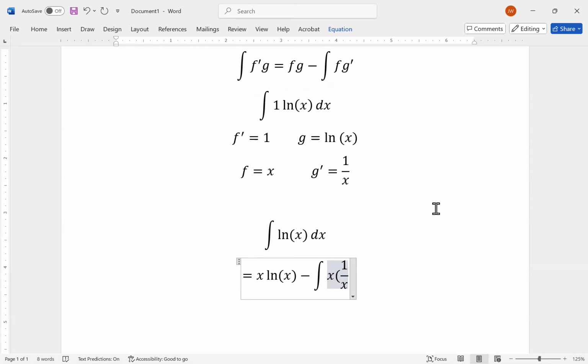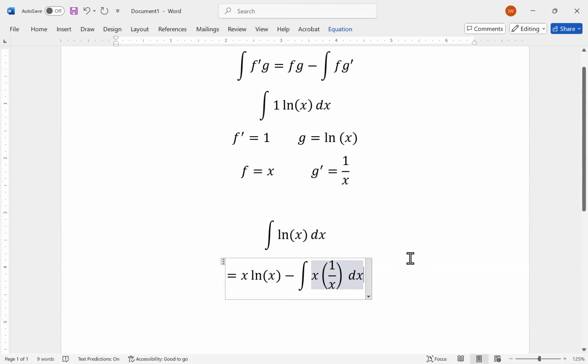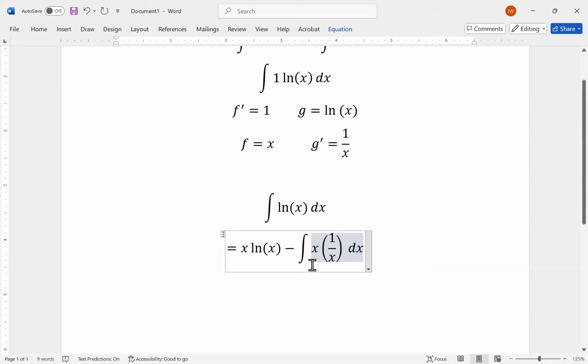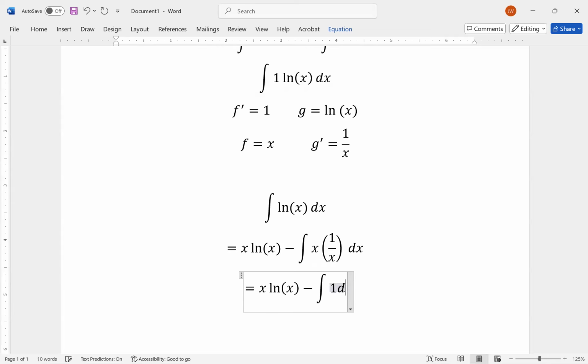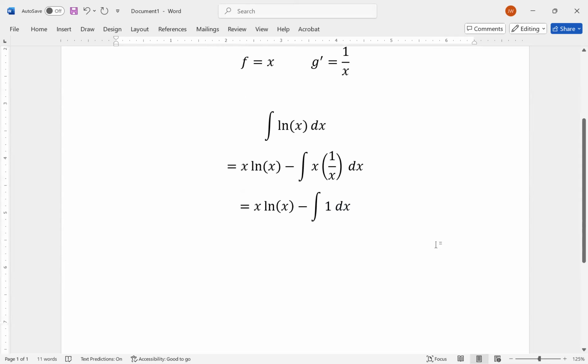That's 1 times 1 over x, integrated with respect to x. Now, x times 1 over x is just 1. So we get x times the natural log of x minus the integration of 1 with respect to x. If I integrate the constant of 1, I just get 1x.